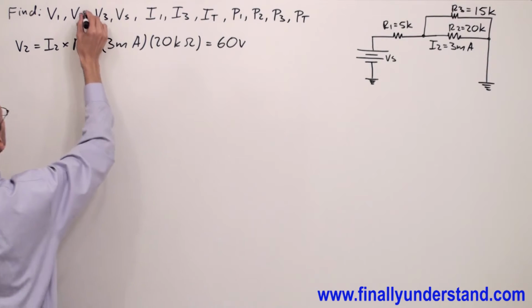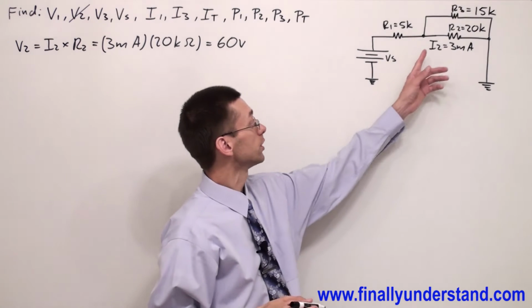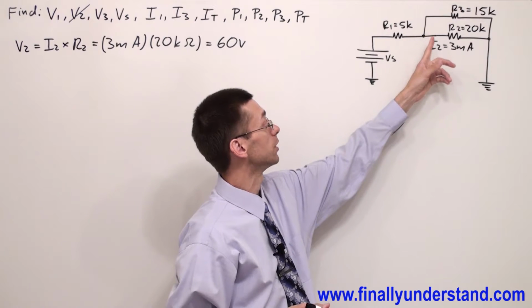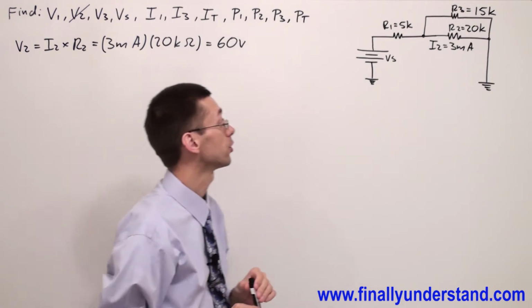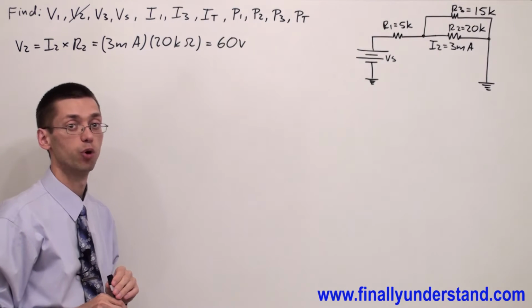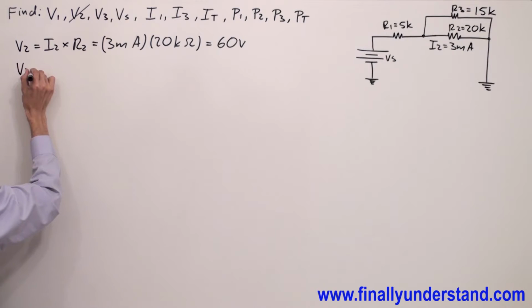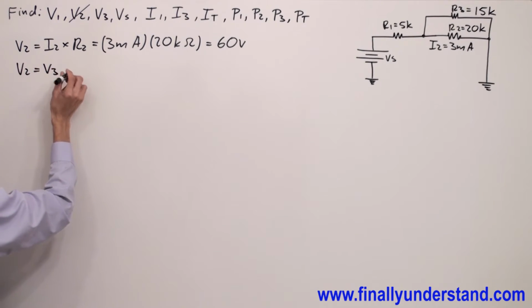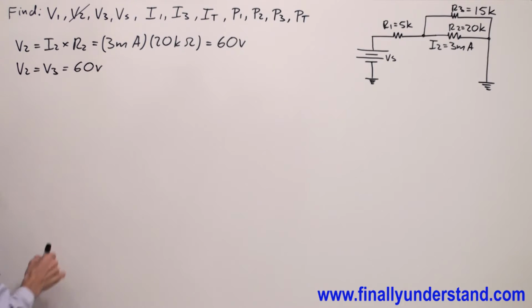So we found V2. Also, please notice that these two resistors, R2 and R3, are in parallel. In a parallel circuit, the voltage across each component is the same. That's why I can write that V2 is equal to V3. This is equal to 60 volts.